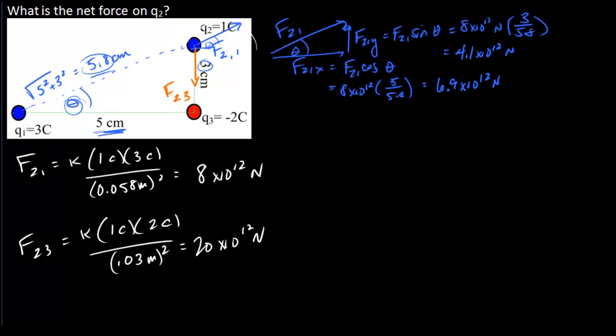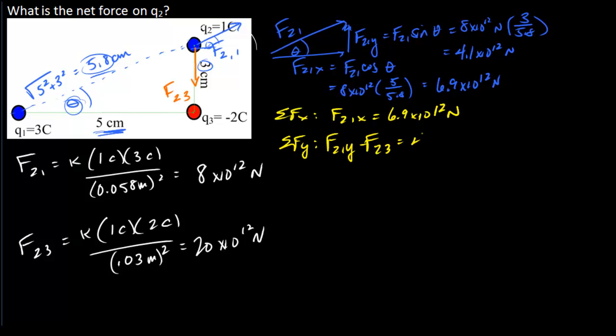A couple steps left. We can now write our sum of the forces equations. Sum of the force in the x direction is just F21x, which is 6.9 times 10 to the 12th newtons. Sum of the force in the y, F21y minus F23.